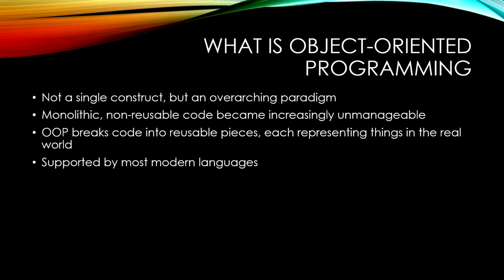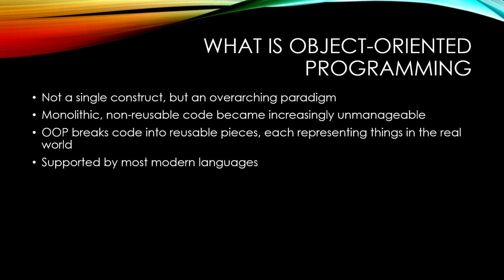So, what is object-oriented programming? Well, up till now, you have learned about singular constructs within programming as a more grounded thing. You know, we've been focused solely on what is an if statement, what is a function, what is a for loop. Now we're going to be talking about more of a paradigm.